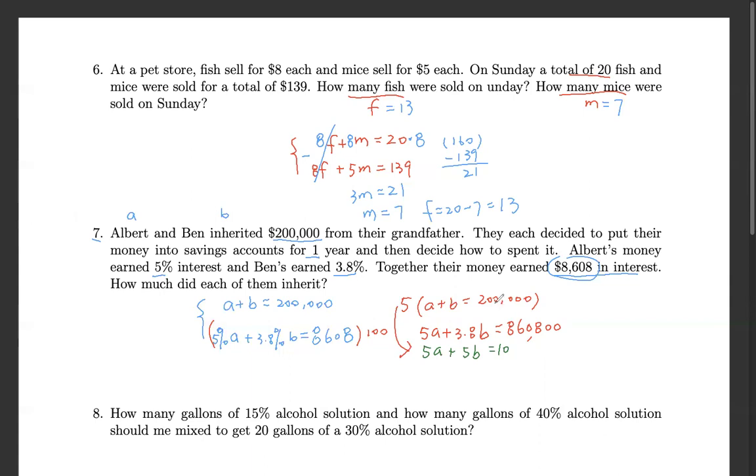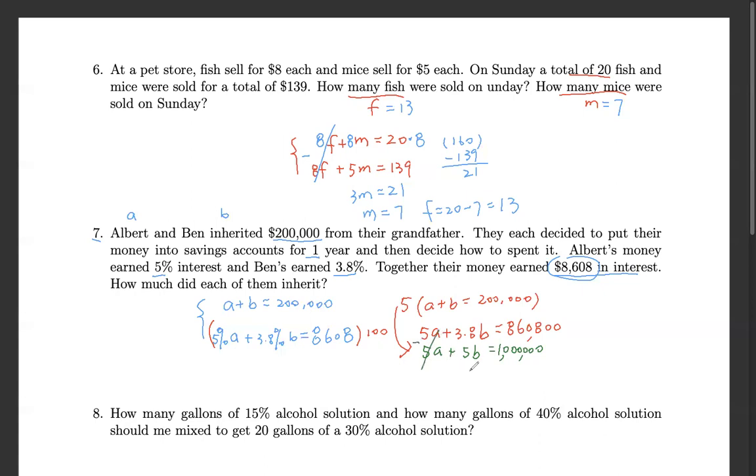Then how many zeros will we have? 5 zeros. So 1 million. Now let's use the green color, subtract the red color.